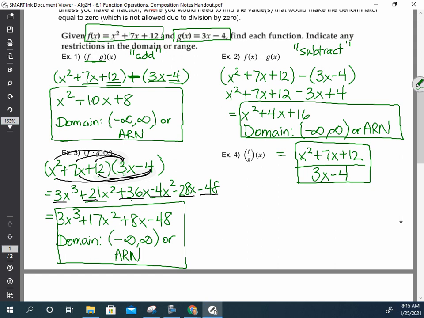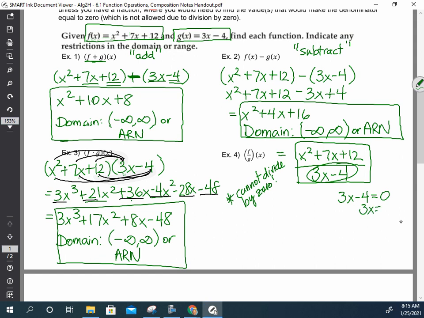So now we deal with the domain. Remember, with division, you cannot divide by 0. So since you cannot divide by 0, you take your denominator, set it equal to 0 to figure out what x needs to be in order for it to equal 0.